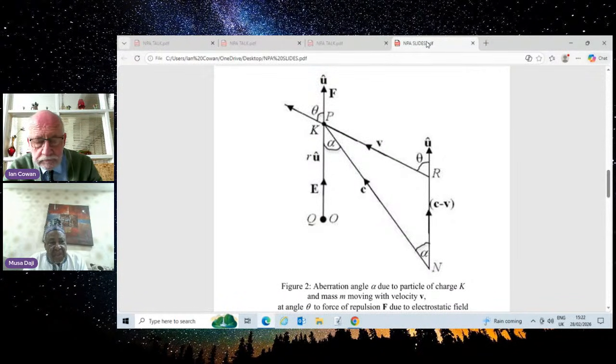Relativity came in, special relativity came in to explain why a charged particle cannot be accelerated beyond the speed of light. Quantum mechanics came in to explain emission of radiation from accelerated charged particles.